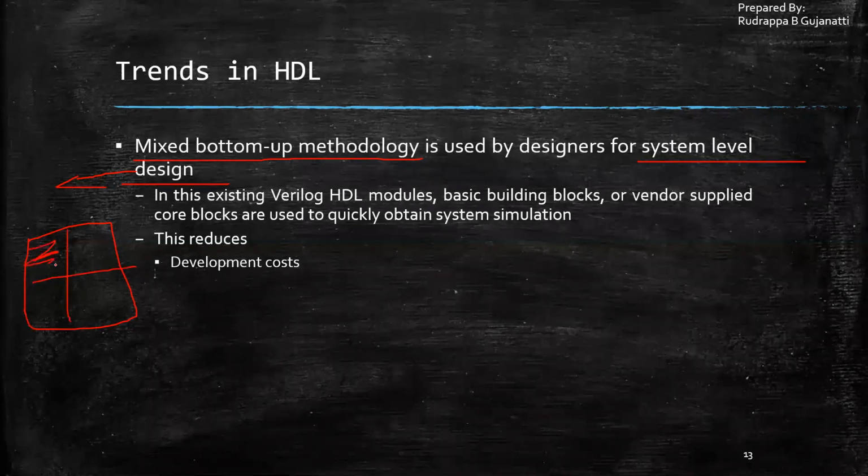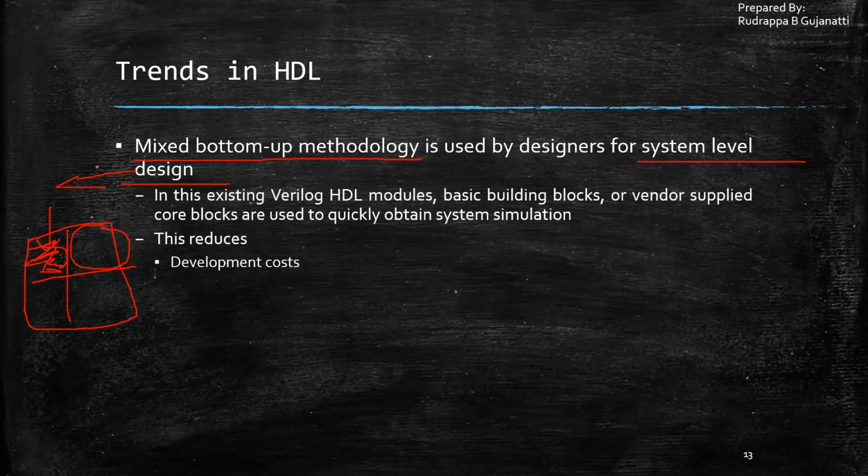So this entire block might be present with me. This is one entire big block, no need to divide this. But in this block I want to implement something, and I'm not having a few of the things. So this one can be designed with a bottom up approach, and this one I can design with a top down approach. Such kind of implementations we can go ahead with.